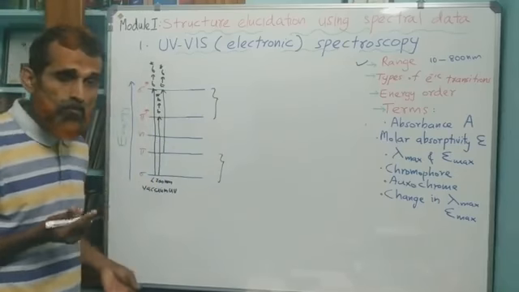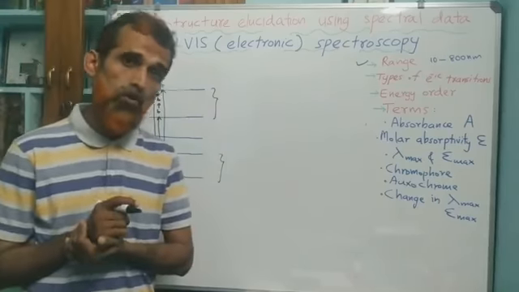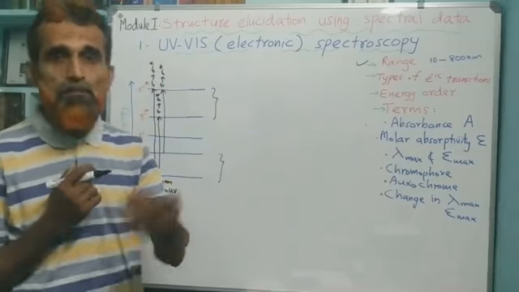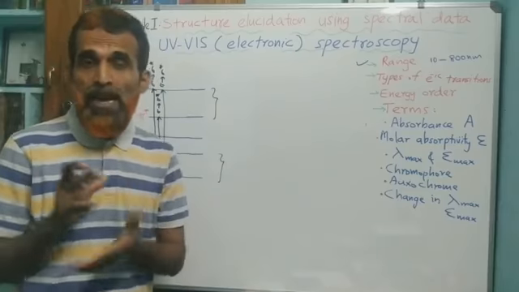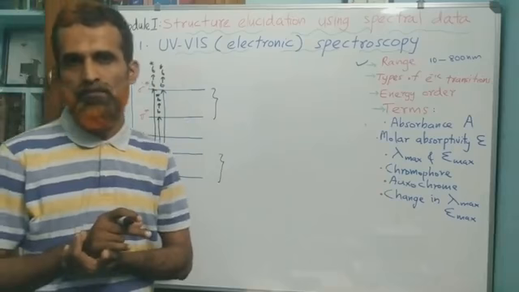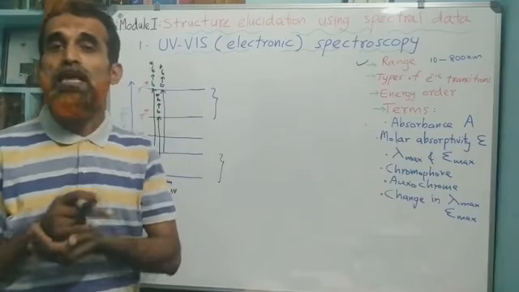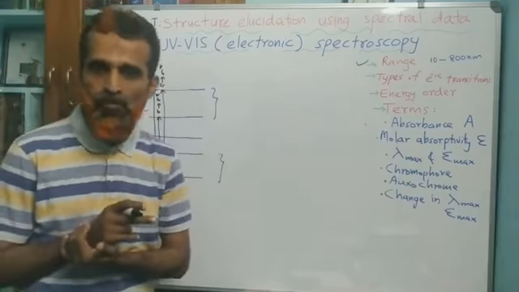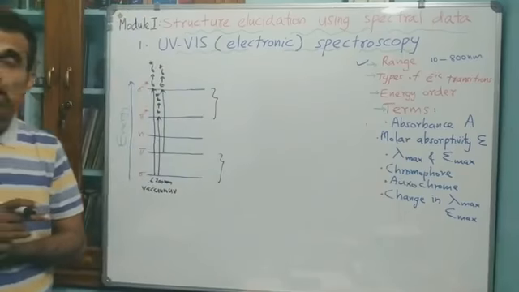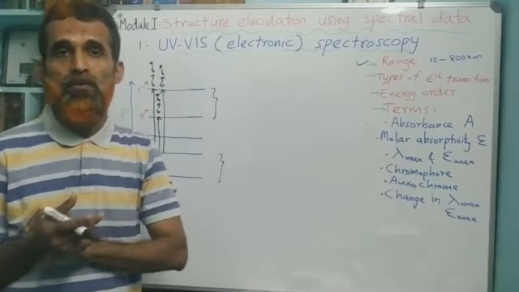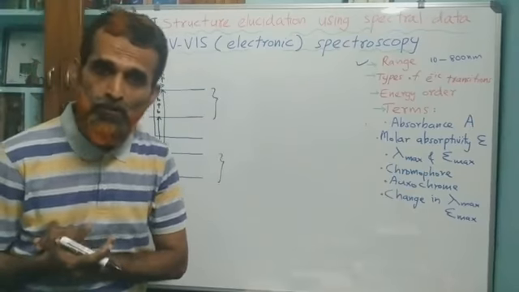So what? When you are studying a molecule which is also having UV absorption below 200, you will have to evacuate the instrument, that is, the spectrometer has to be evacuated to avoid the overlapping. Otherwise, it will show the absorption peak of nitrogen and oxygen also.